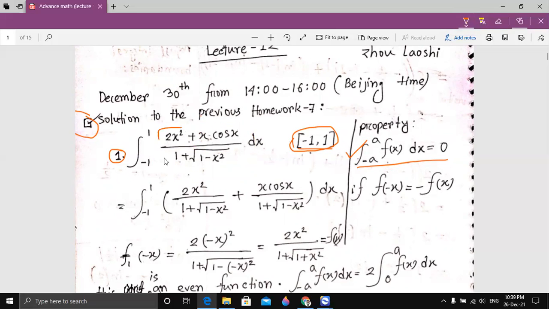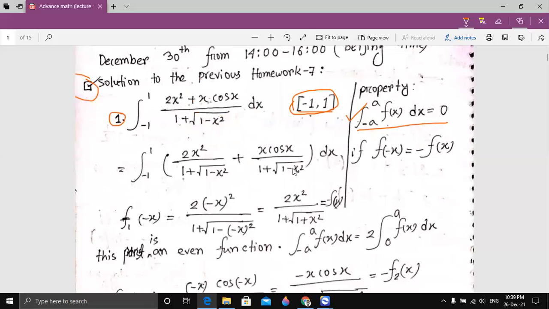So one part is here and another part is here. Let's look firstly at this part. If we want to use the odd function and even function formula, then we have to find f of minus x.